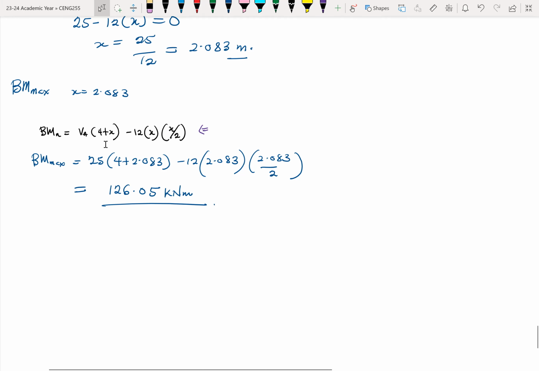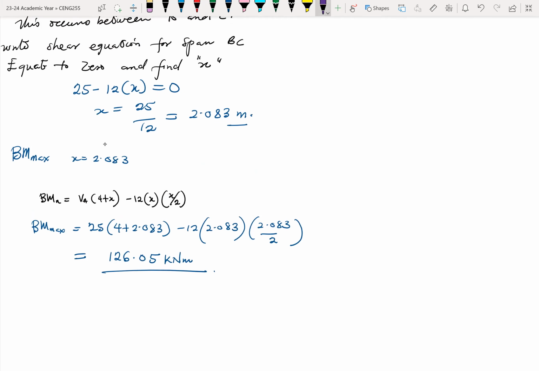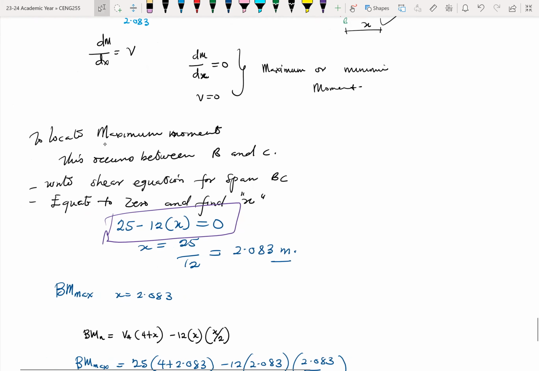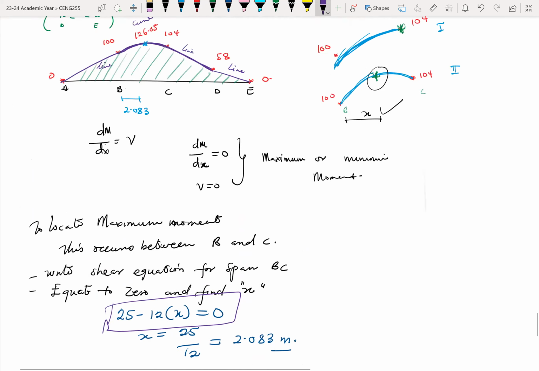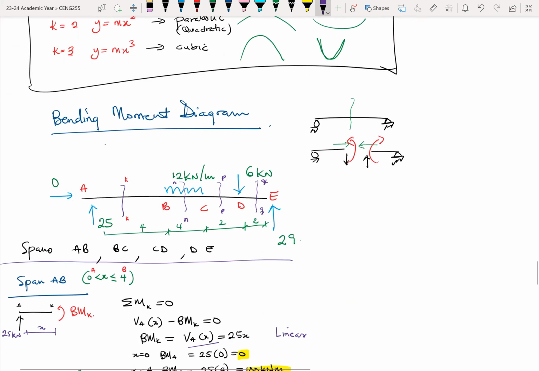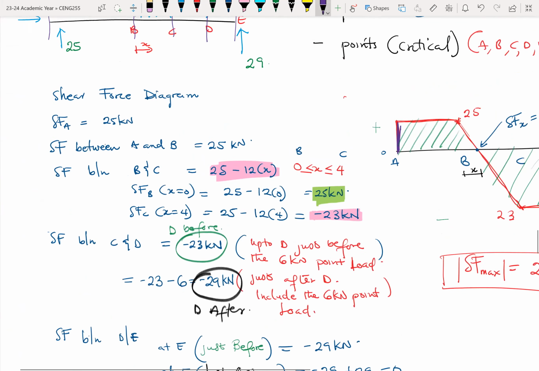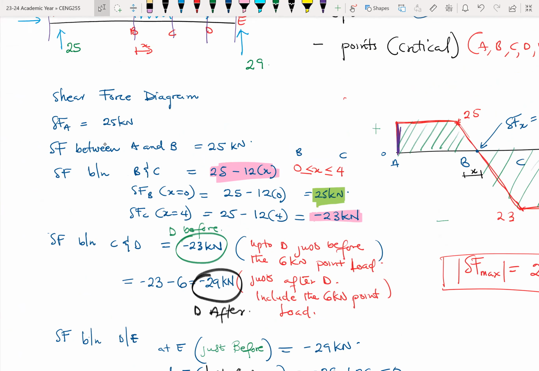Yeah, please. I've now asked, where did you get the 25 minus 12x? This one. Yes, this one right here. I got it from the shear equation. So write the shear equation for span BC. If I go back to the shear equation, which is here in this zone, between B and C my shear equation is 25 minus 12x.